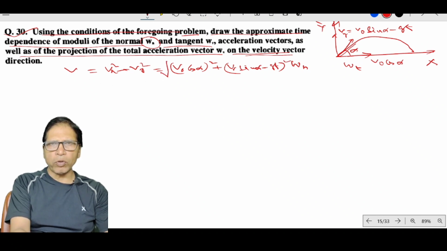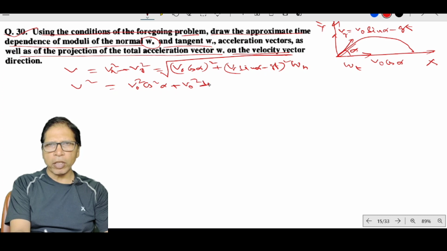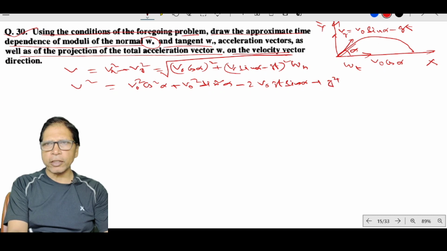So v square equals v naught square cos square alpha plus v naught square sin square alpha minus 2 v naught g t sin alpha plus g square t square.